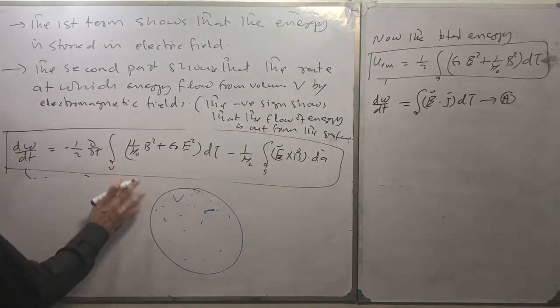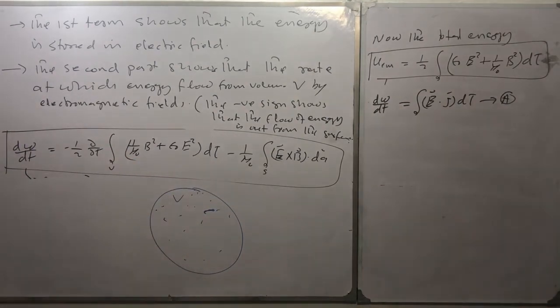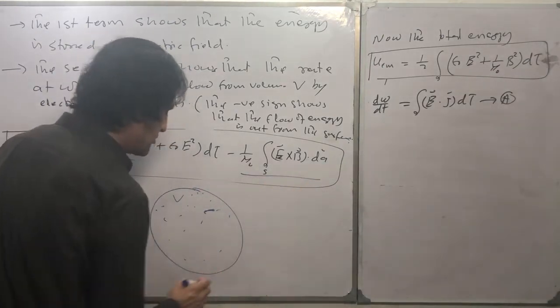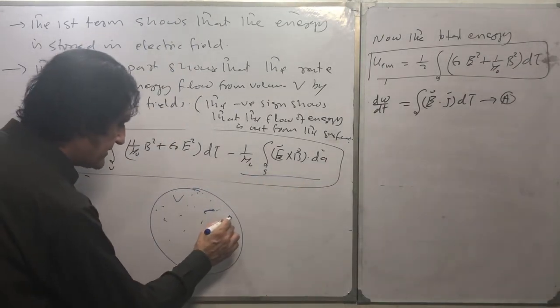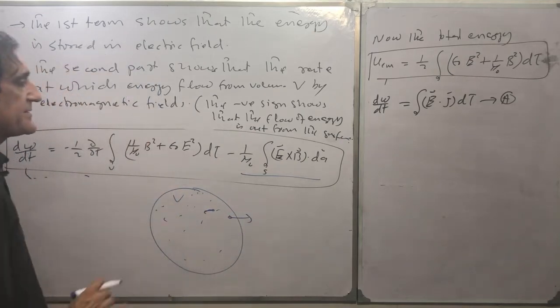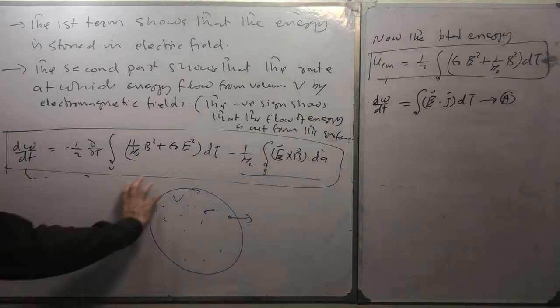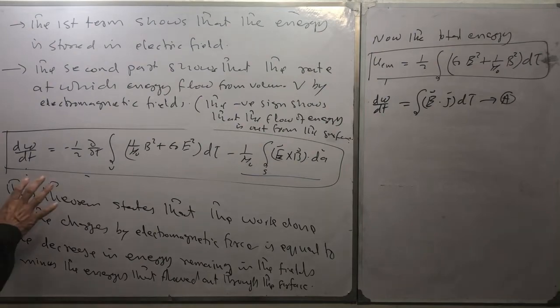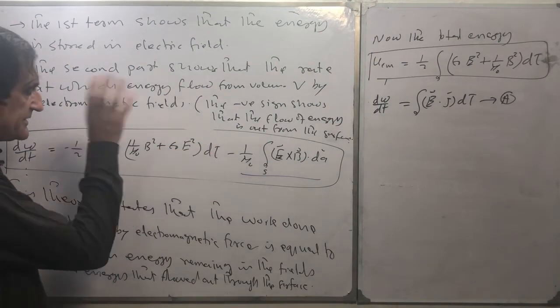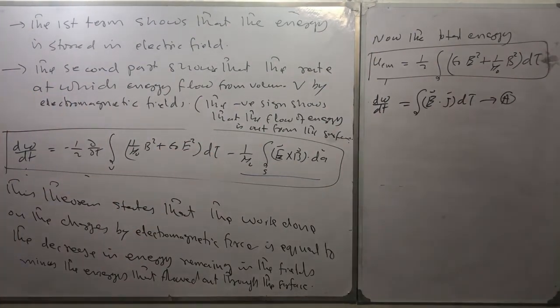So this is the first part, the energy decreasing inside, and this second part shows that whenever the energy goes out from this surface, it also decreases. So this is the total work done in this system.